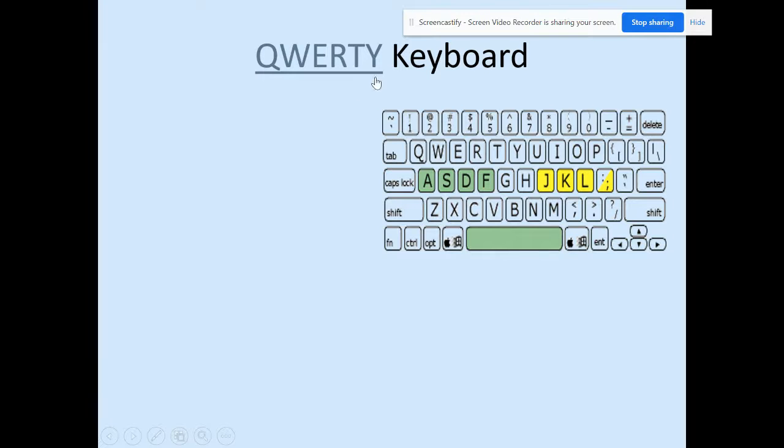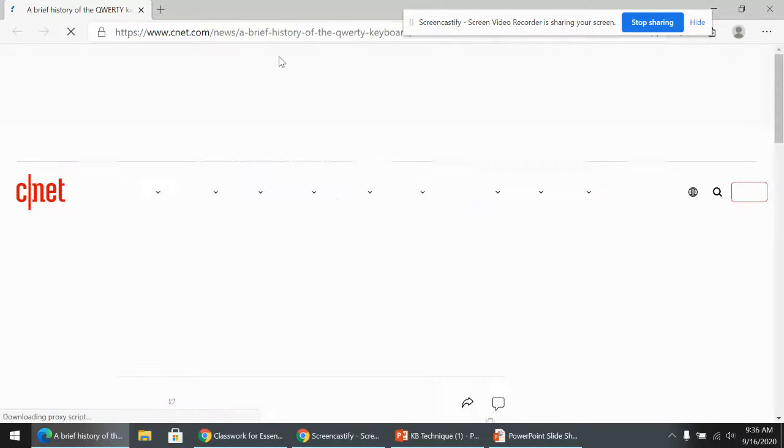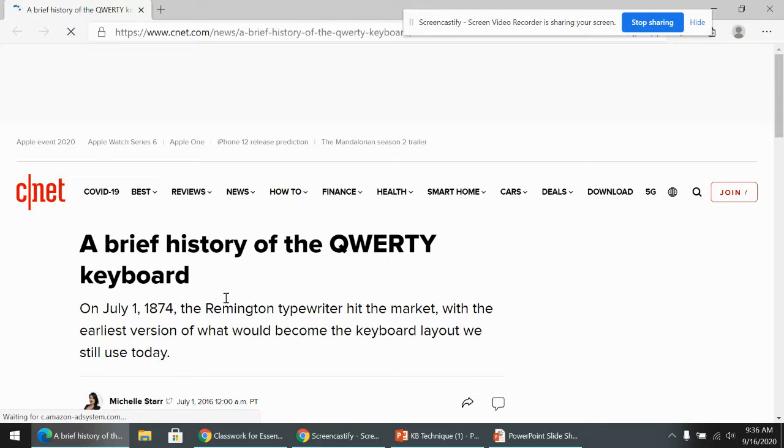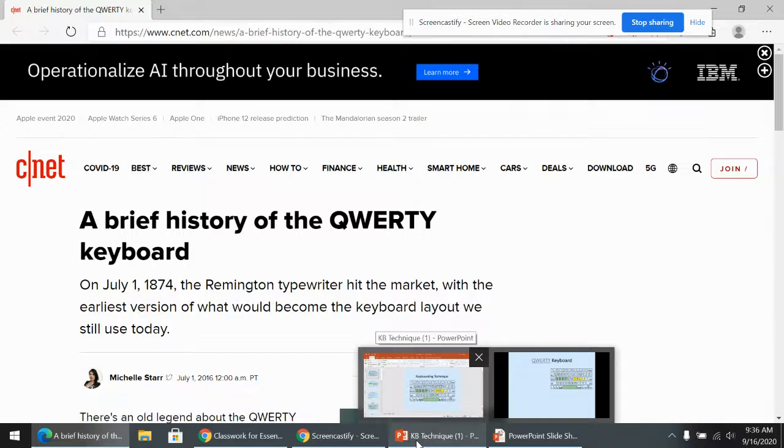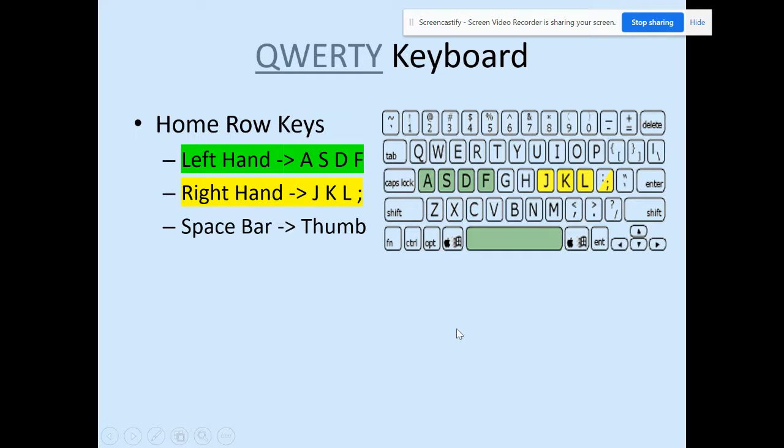Why it is called the QWERTY keyboard is if you look at that top row, that's where we get it from. Now, clicking on this link gives you a lot of information about the history of the QWERTY keyboard, which is really, really neat. And if you have time, please take a look. Otherwise, I am going to just give you a recap.